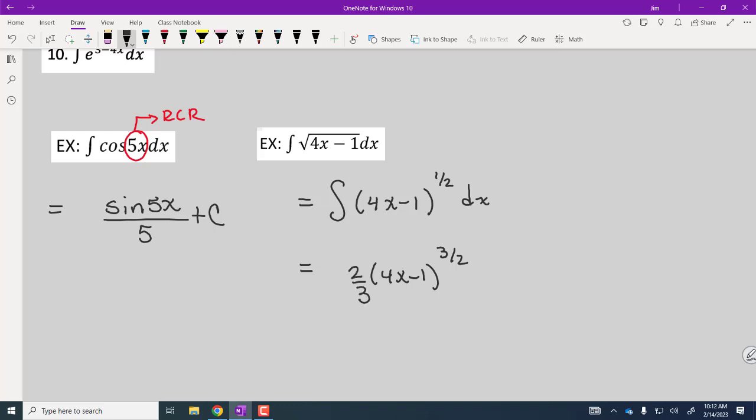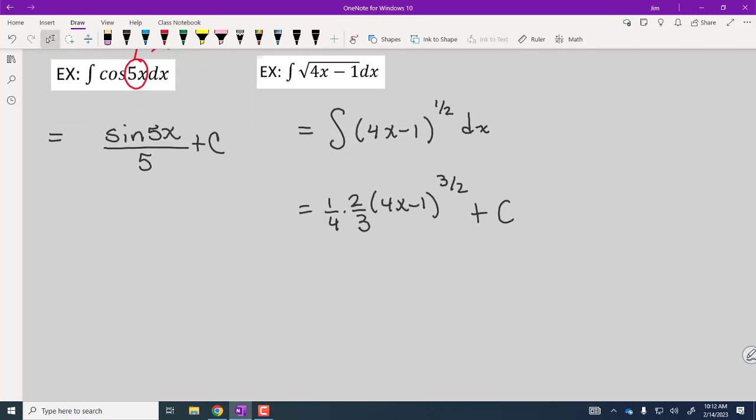And then what's the RCR piece? We're going to divide by 4, so we can put that wherever we want. Put a 1/4 right here, doesn't matter. And then a plus c for the integration constant. And so our simplification here would be 1/6 times x minus 1 to the 3/2 plus c.